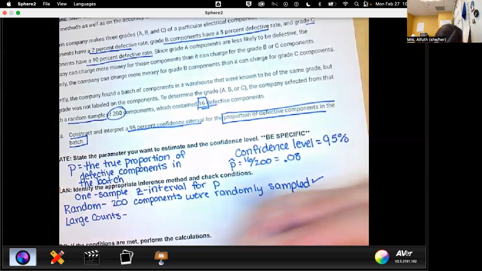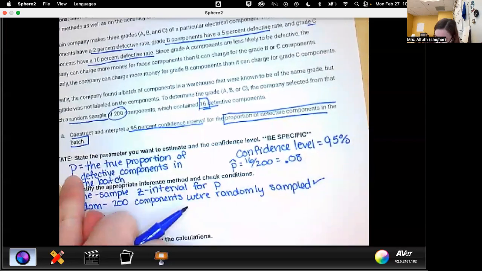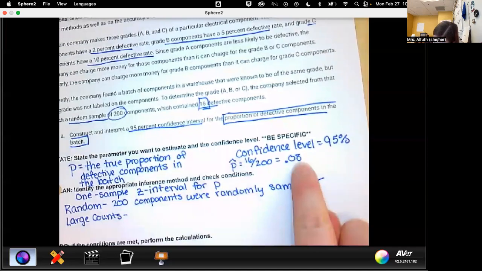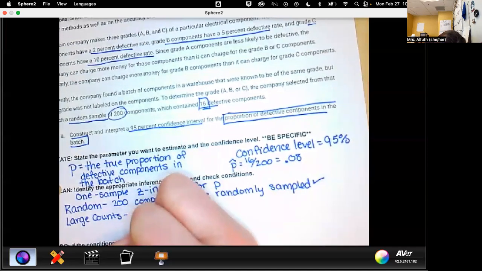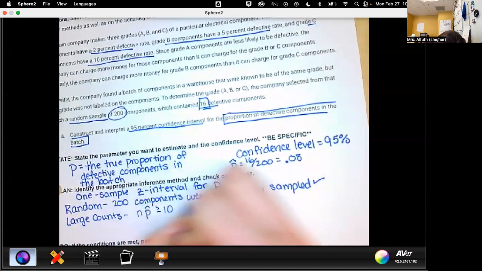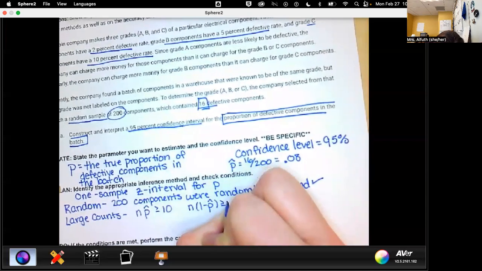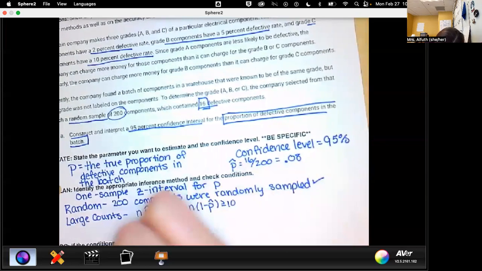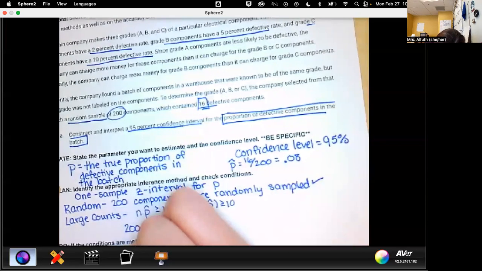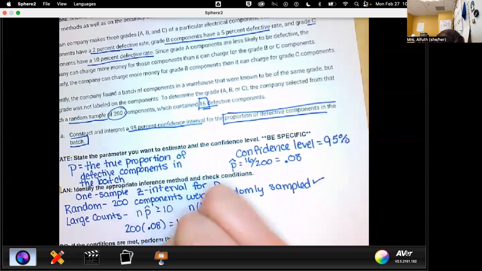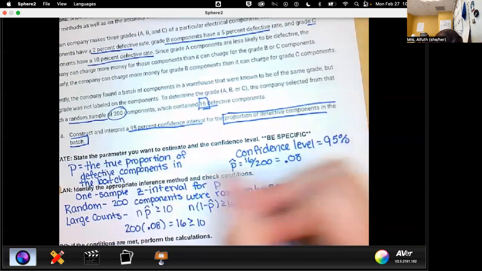So my large counts condition, since I don't know what the true proportion is, I'm going to use the p hat. So that's n times p hat has to be greater than or equal to 10, and n times 1 minus p hat has to be greater than or equal to 10. So 200 times 0.08 was 16. That is greater than or equal to 10.